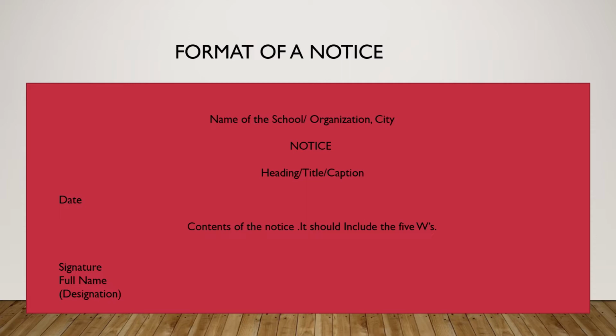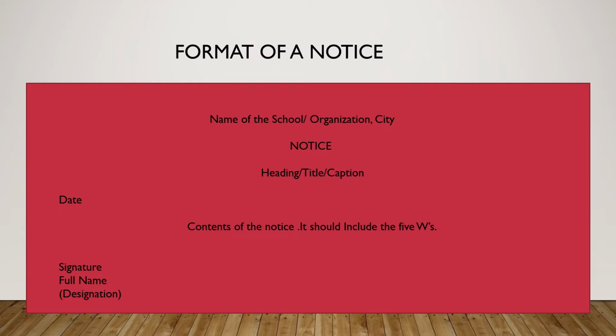Then after you have given all the information, leave a line and there you have to sign all the three, that is signature, full name and designation will be one after the other. You are not going to leave lines in between, and all these three are to be written on the left hand side.